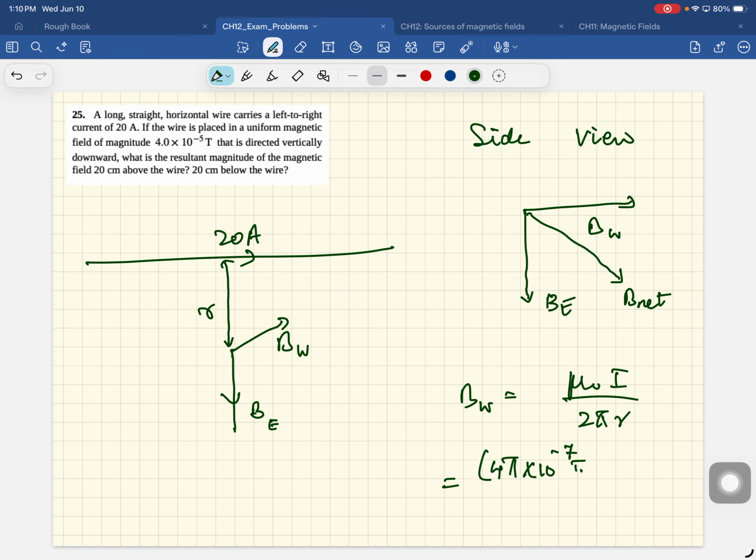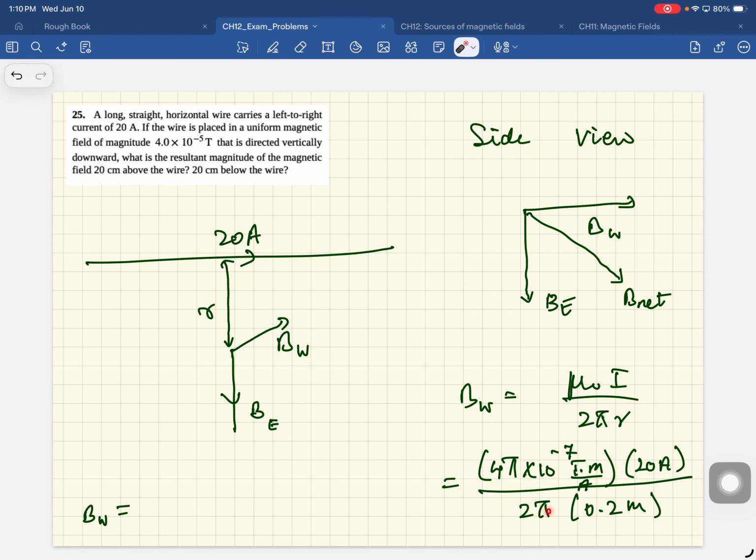If the magnitude and the direction of force per unit length of one wire, okay.